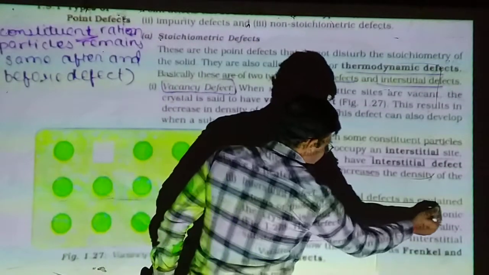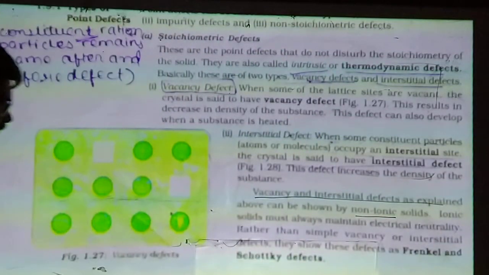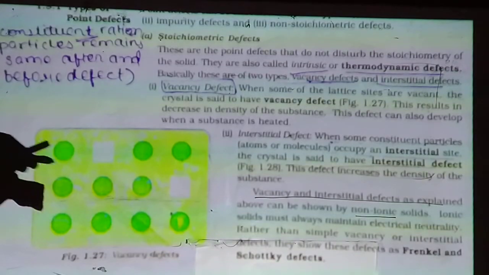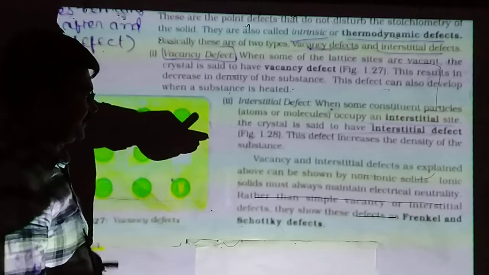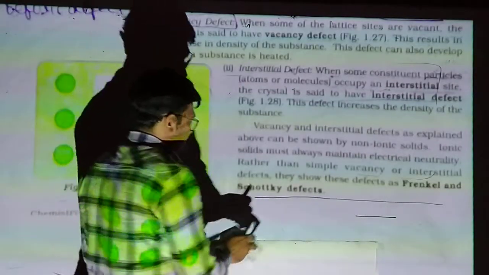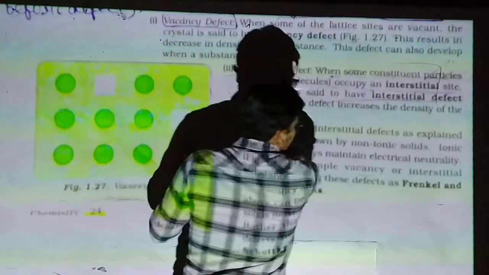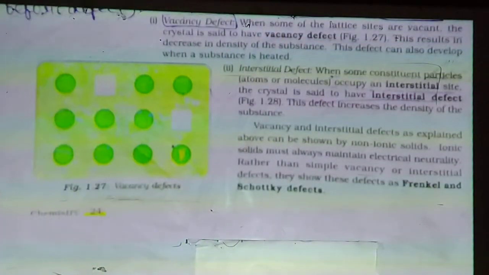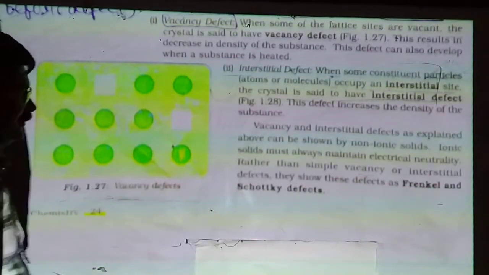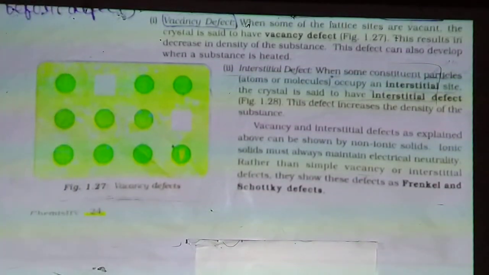Vacancy and interstitial defects as explained above can be shown by non-ionic solids. Whenever your solid is non-ionic, it occurs. An ionic solid must always maintain electrical neutrality rather than a simple vacancy or interstitial defect. They show this defect as Frenkel and Schottky.